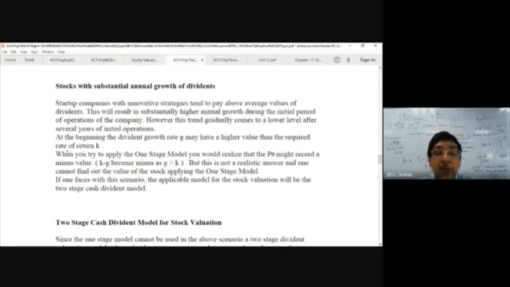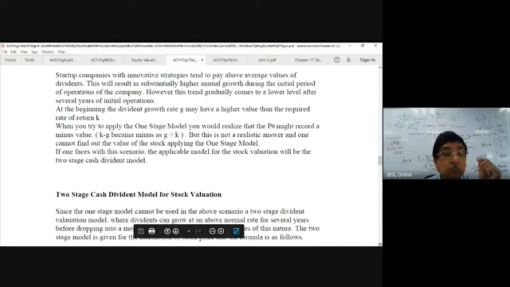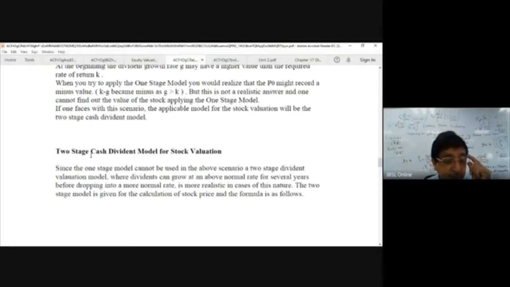This is not a realistic answer, and yeah, that's what we already discussed. Right, now this is the methodology to calculate stock valuation or stock price when the growth rate of dividends is higher than the required rate of return.